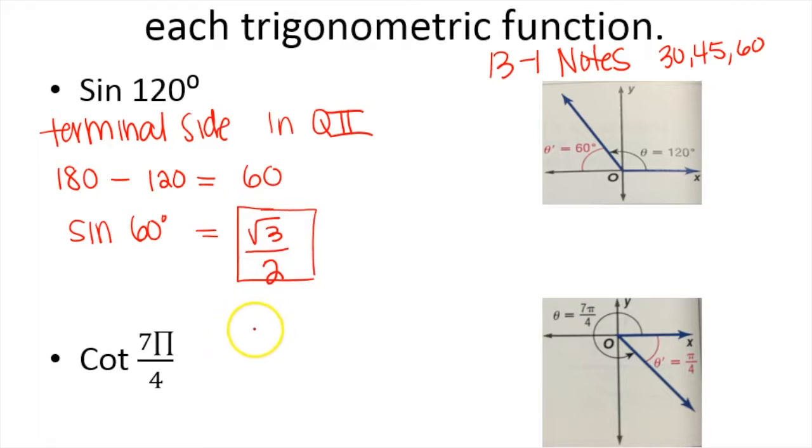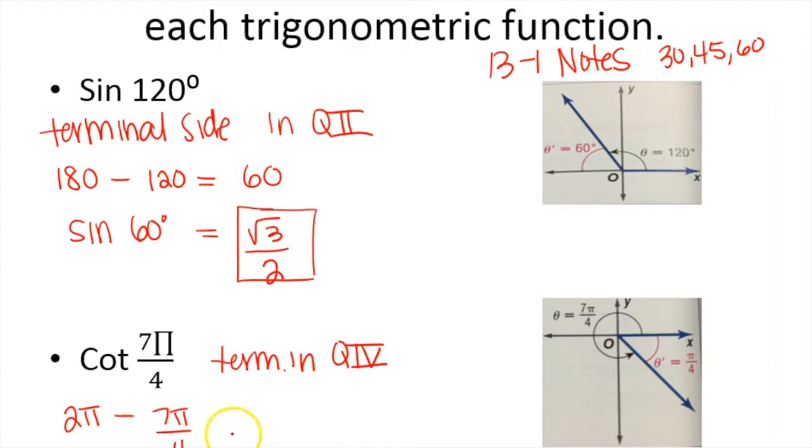Now, for the cotangent of 7 pi over 4, we see that that terminal side is in quadrant 4. Okay? So, once again, I am going to take 2 pi, since it's either 2 pi or 360, and I'm going to subtract 7 pi over 4. So this would be 8 pi over 4 minus 7 pi over 4, which leaves me with pi over 4.